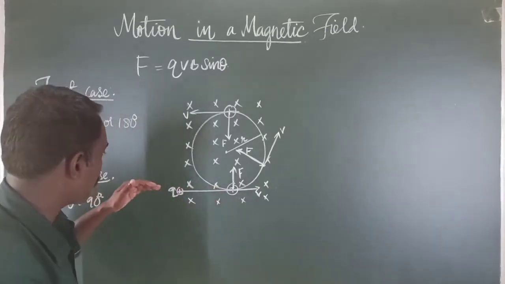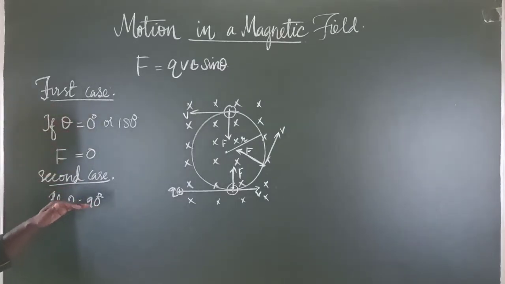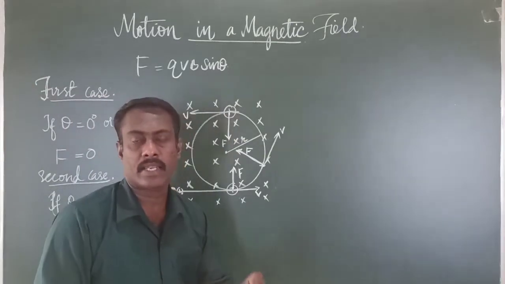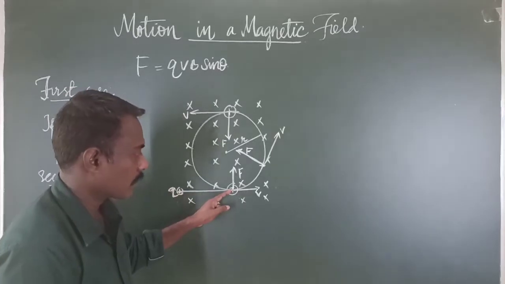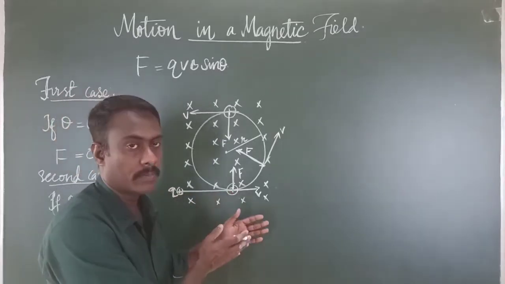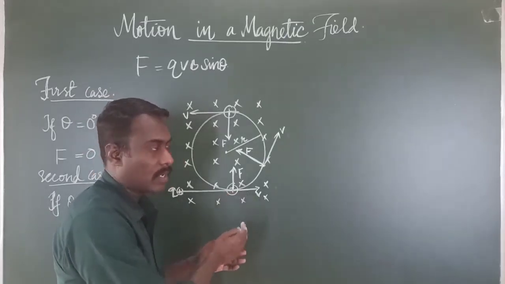So as we say, for the velocity vector, two components we need to consider here, that is the cos component and the sine component of velocity. And as the angle changes, then what happens? The force exerted on the moving charge differs.